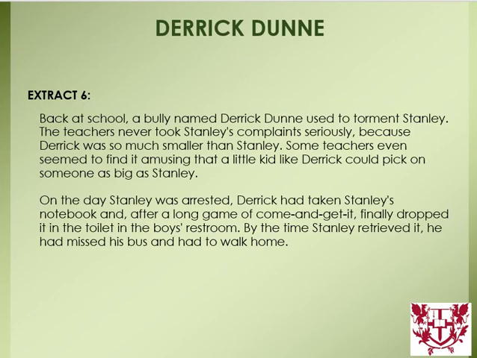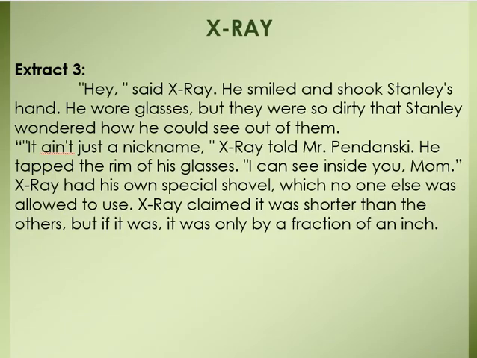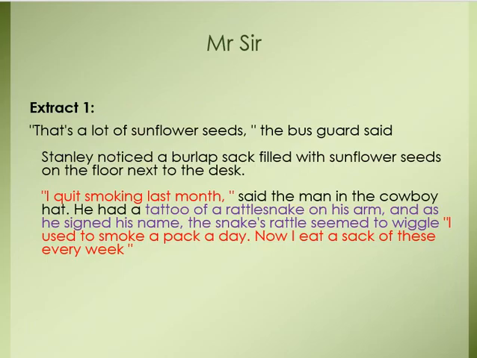So you've got Derek Dunn, Armpit, Pendanski, X-ray, Zero, and Mr. Sir. Choose 2 of these and see if you can analyse these bits of text to see what it tells us about those characters.